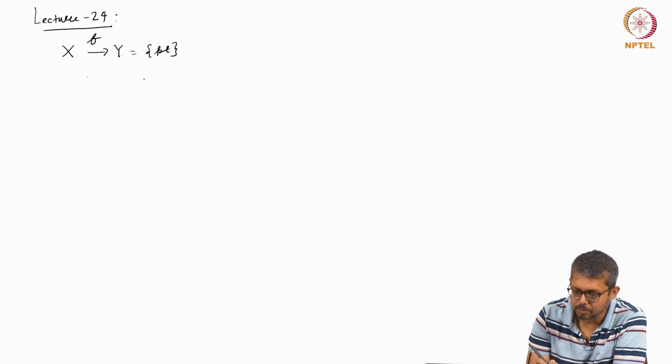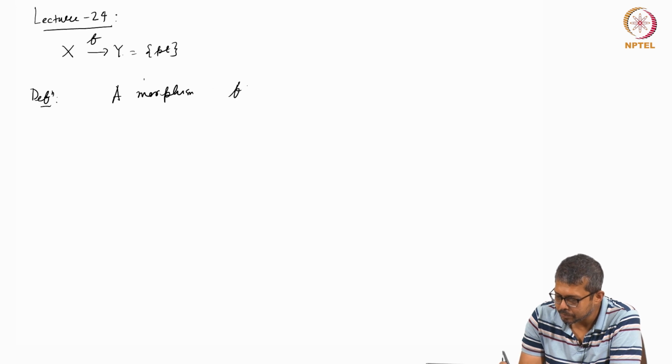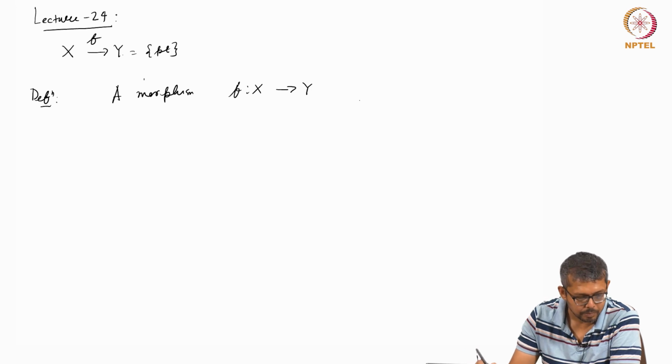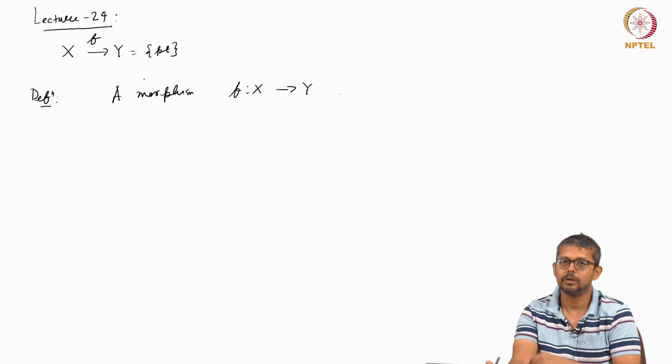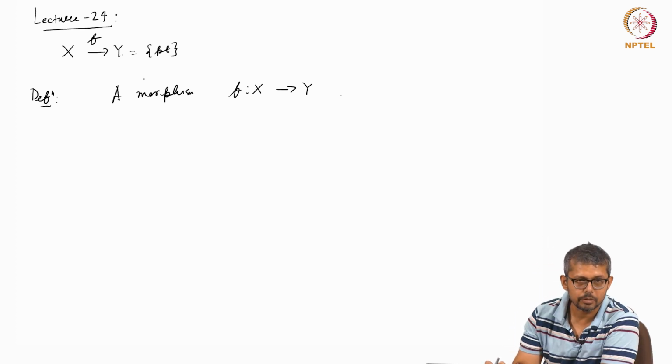So this is a definition. A morphism f. Let's assume X and Y are affine, because that's the simplest case. Then we'll see that for projective or quasi-projective varieties, one can generalize this definition.